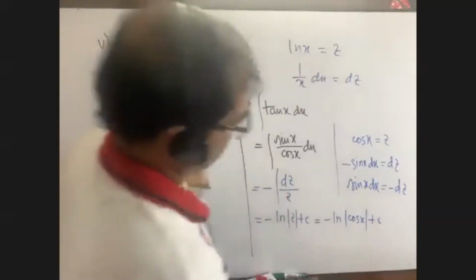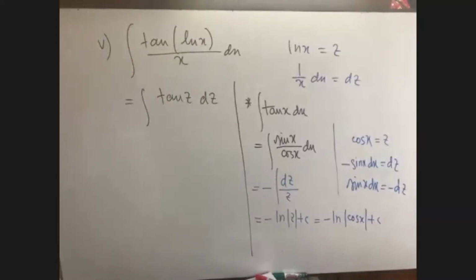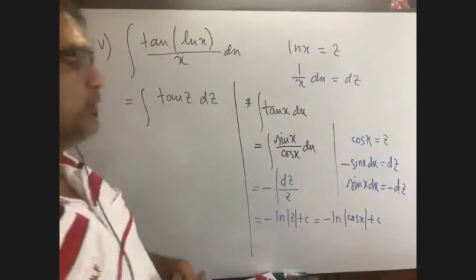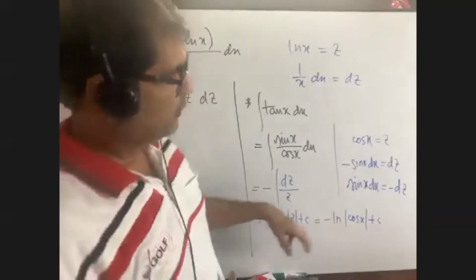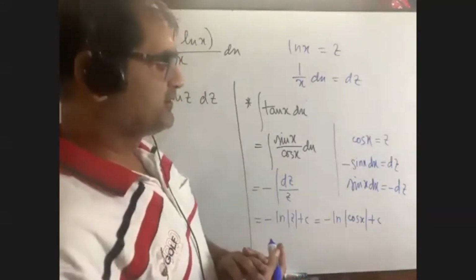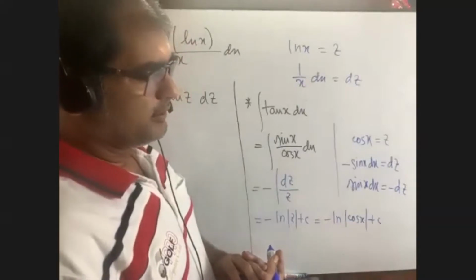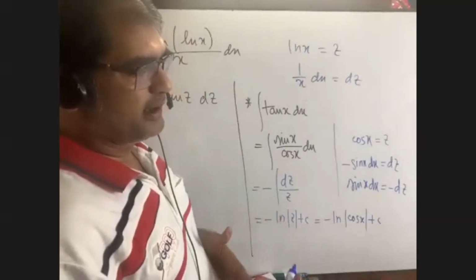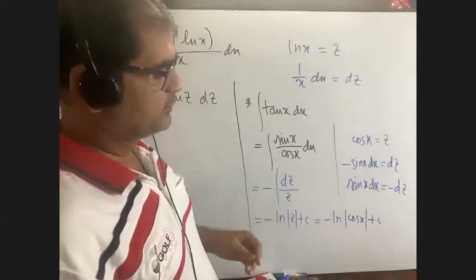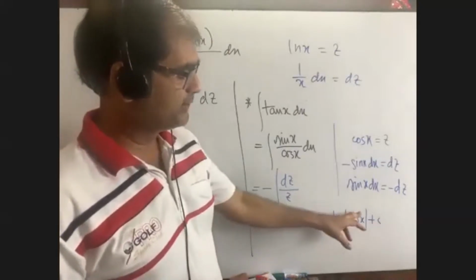But it is the formula, but we will not keep the minus sign. What is cos x? Cos x means 1 by sec x. So there will be a negative sign.